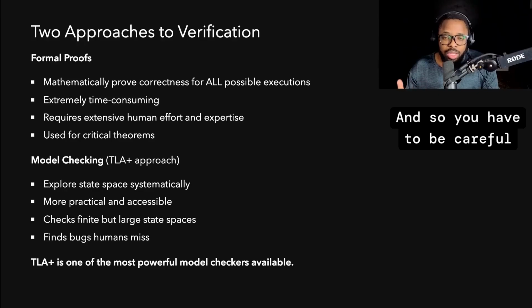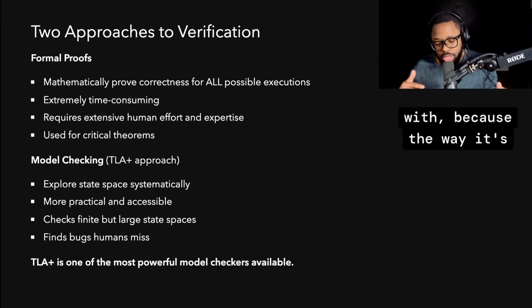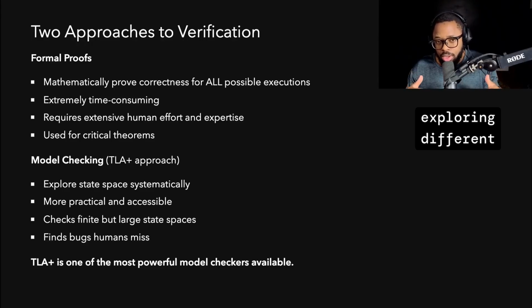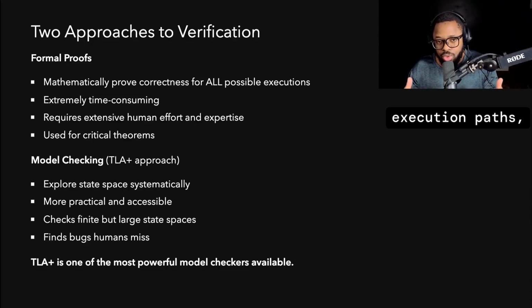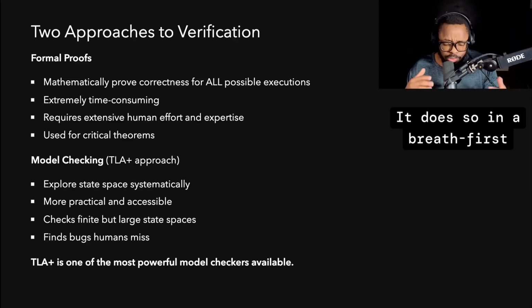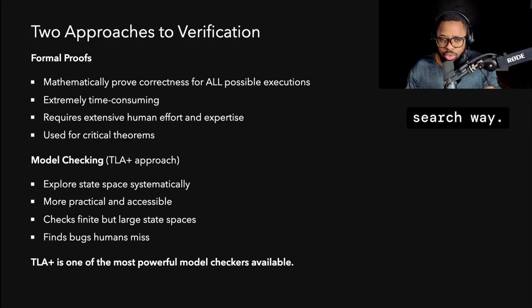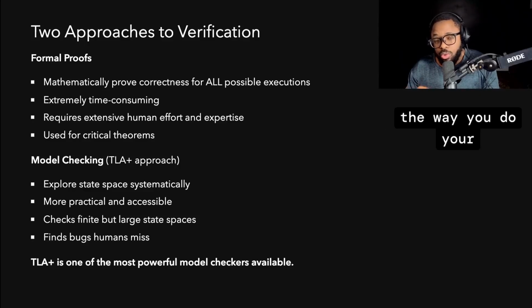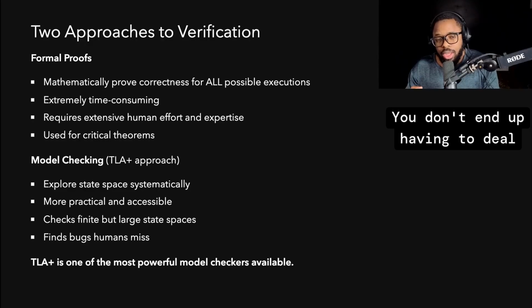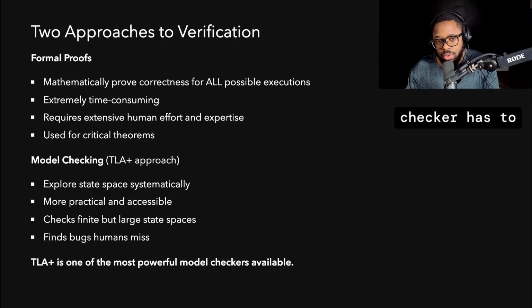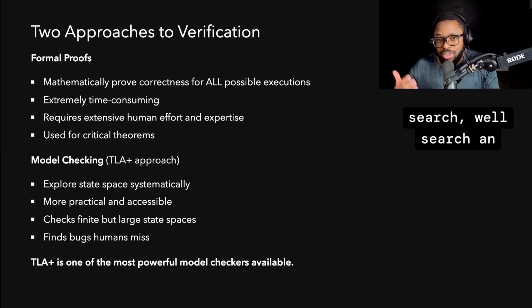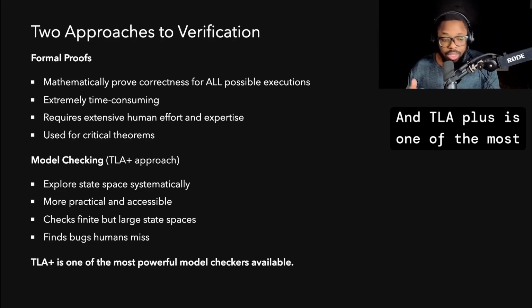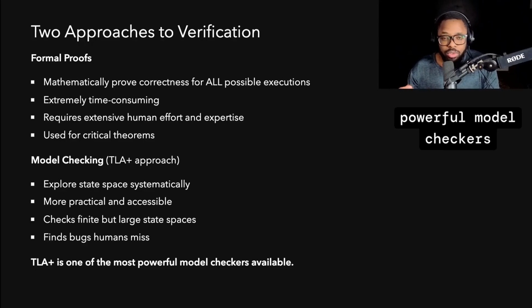And so you have to be careful because the way it's searching for faults, or exploring different execution paths, which are called behaviors, it does so in a breadth-first search way. And you have to be careful to make sure that, with the way you do your specification, you don't end up having to deal with an infinite state space where the model checker has to search an infinite state space, excuse me. Yeah, and TLA Plus is one of the most powerful model checkers available.